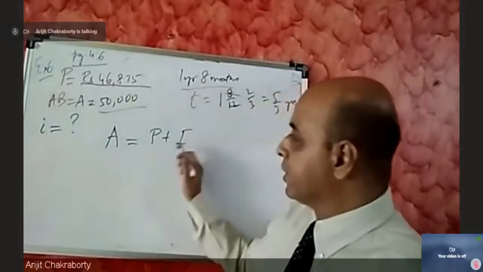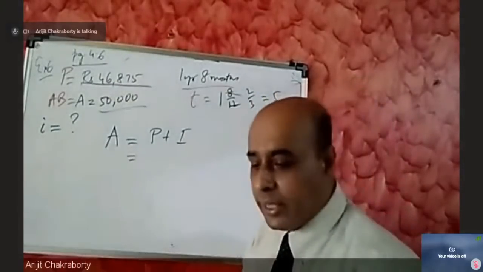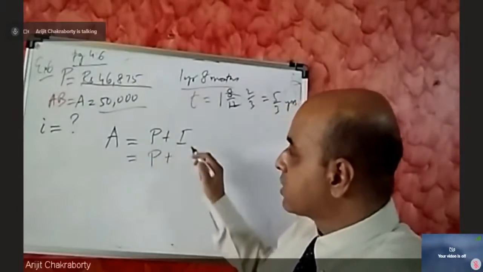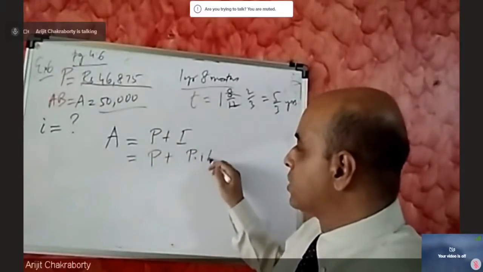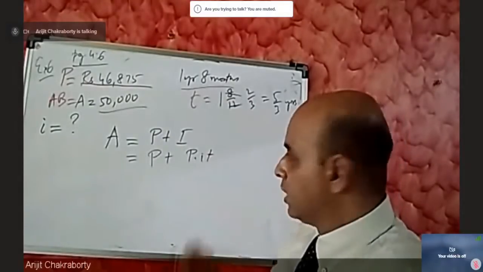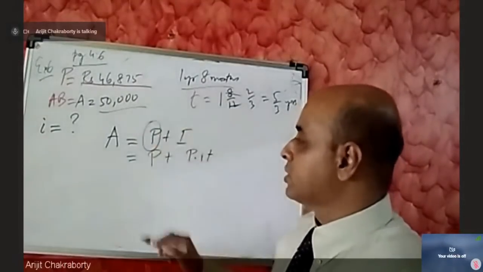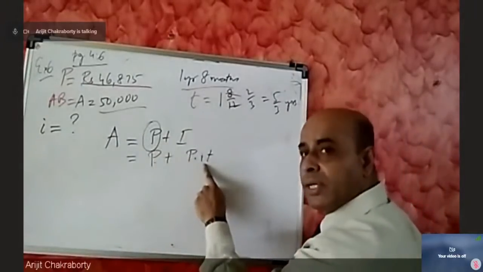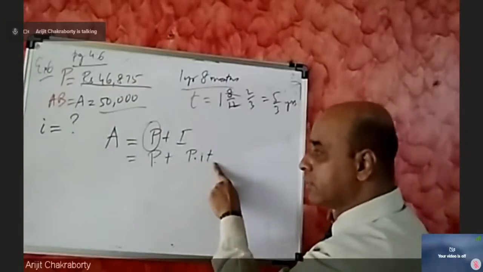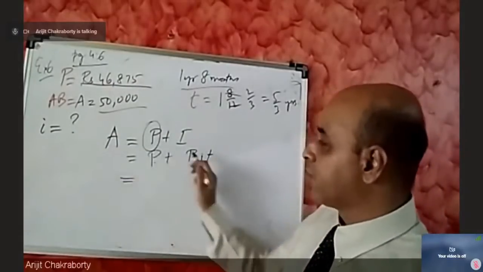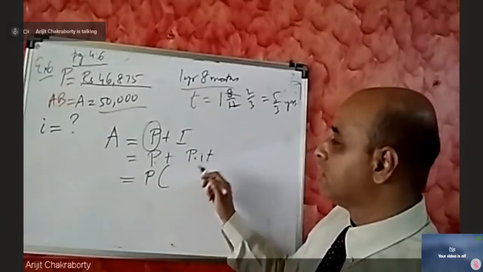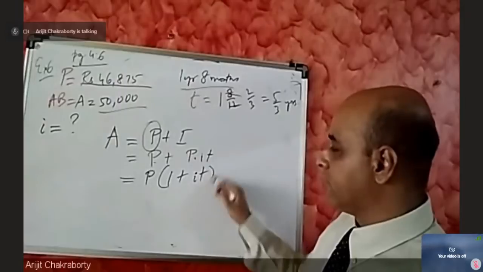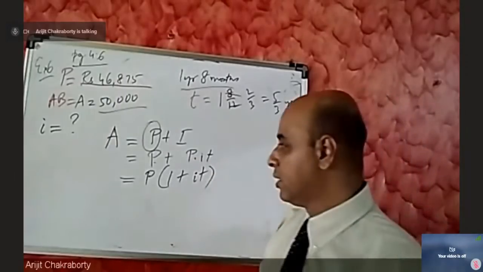Interest can be written as P plus P into I into T, because interest is the principal amount multiplied by the interest rate into T. If you take P common, you get 1 plus I into T. This is the formula, right?